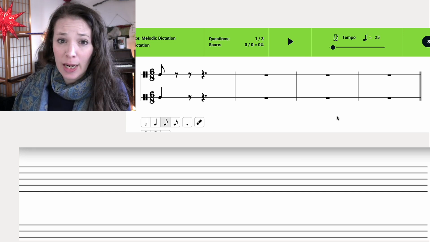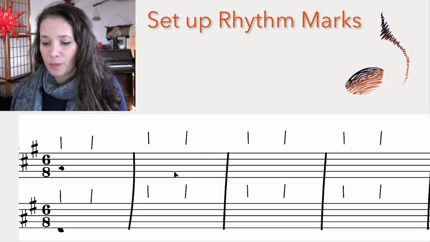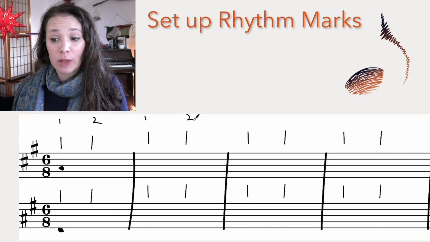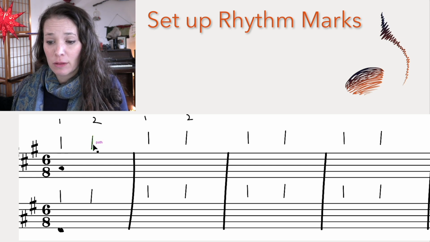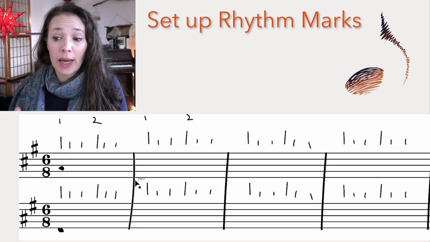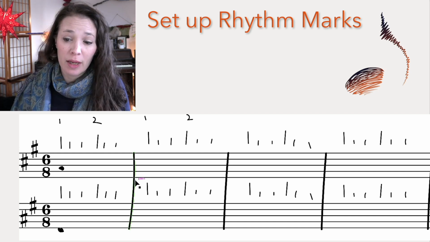So let's go ahead and set up our papers for what we have here. Okay, so I have my ones and my twos. You can write that above the staff if you would like. And then I'm going to draw on my eighth note marks. Okay, so we will have 16th notes, but I'm not going to put 16th note marks because it gets really overwhelming.